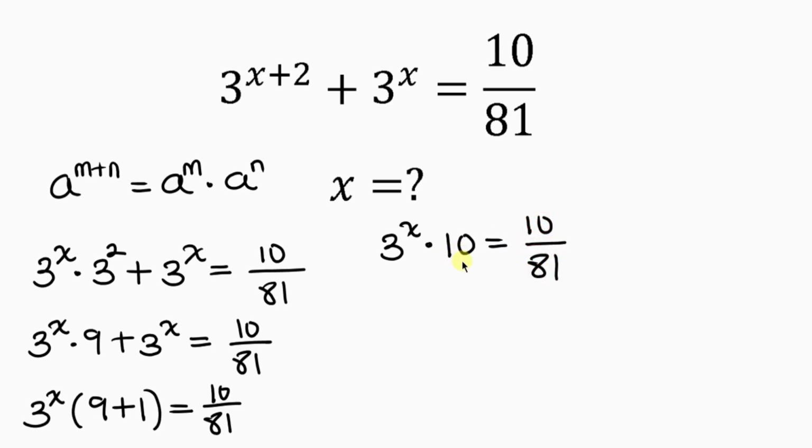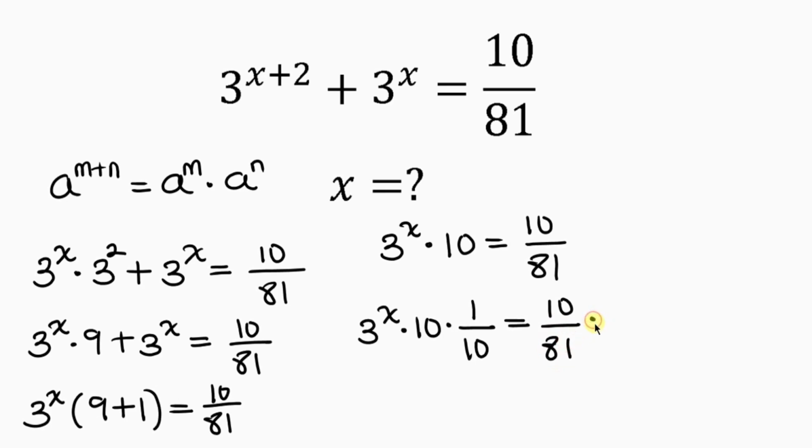Now in order to get rid of this 10, all we have to do is to multiply both sides by 1 over 10. So the left hand side we have 3 to the x times 10. I'll be multiplying the left hand side by 1 over 10. This is equal to the right hand side, I have 10 all over 81.